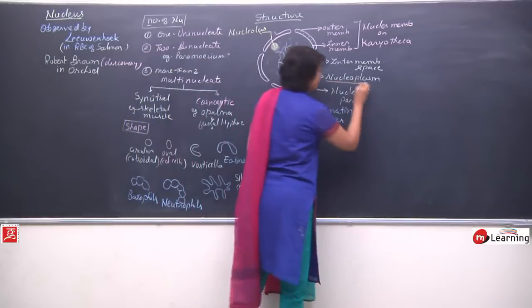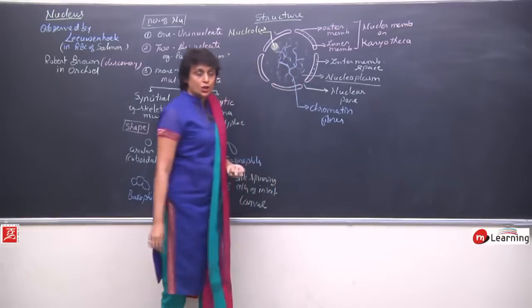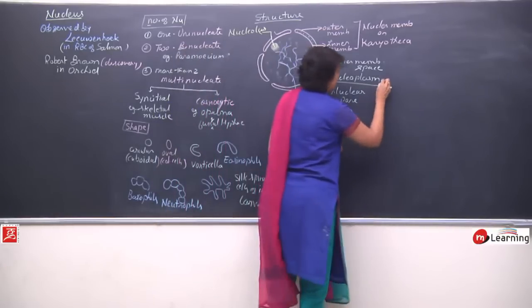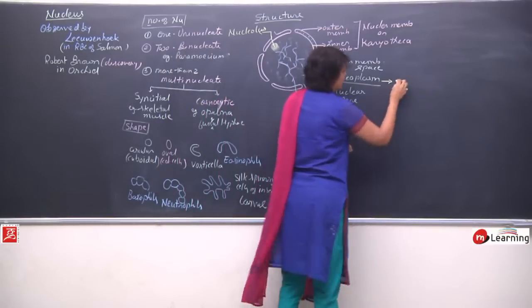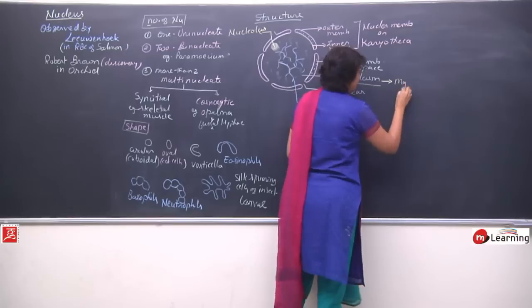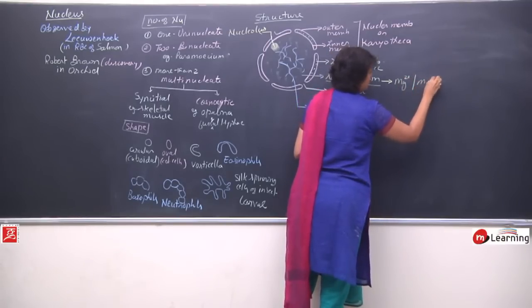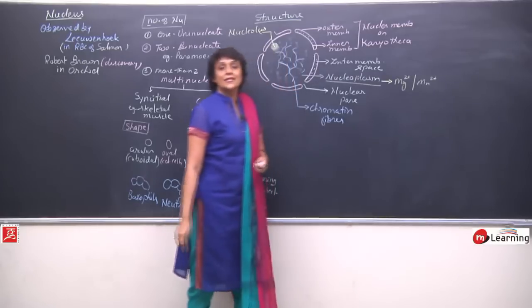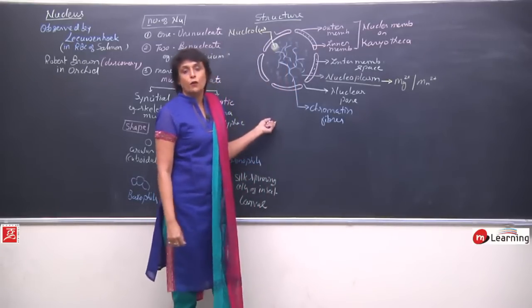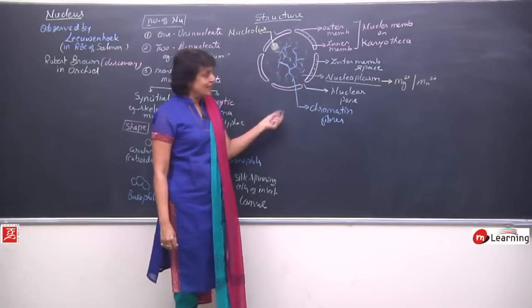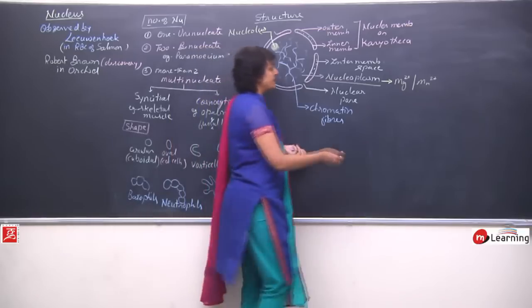This nucleoplasm is rich in divalent ions like magnesium and manganese. Both these ions are required for formation of DNA and RNA. So both are very, very important.